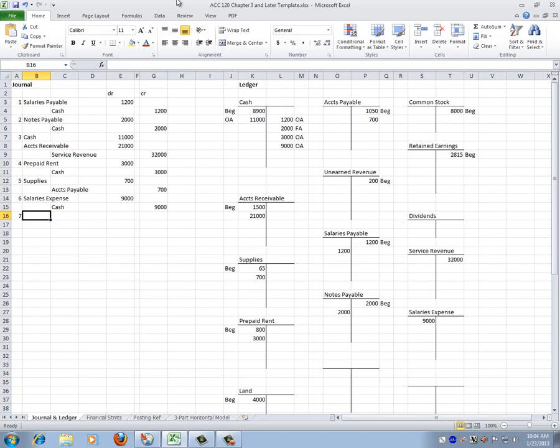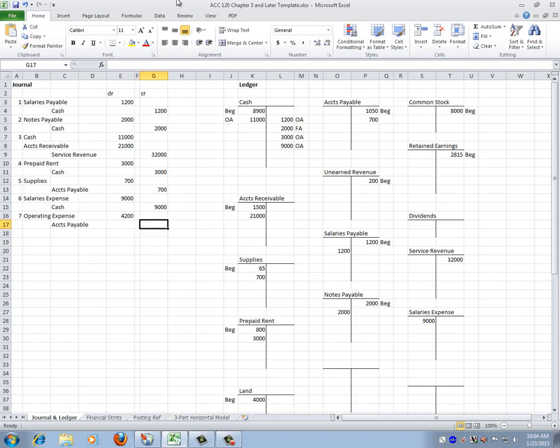7, we incur other operating expenses on account. Now remember, when you see that phrase on account, that generally means on credit. So cash will change hands later, not today, but something happening today.